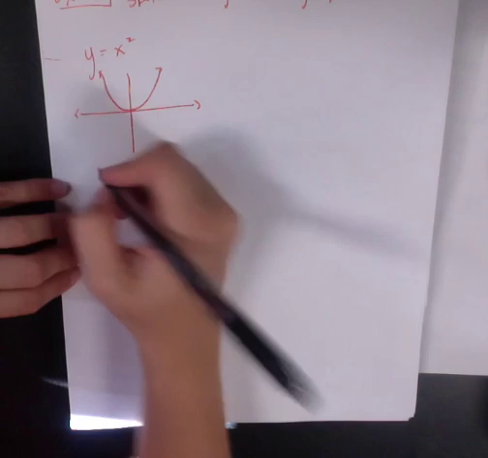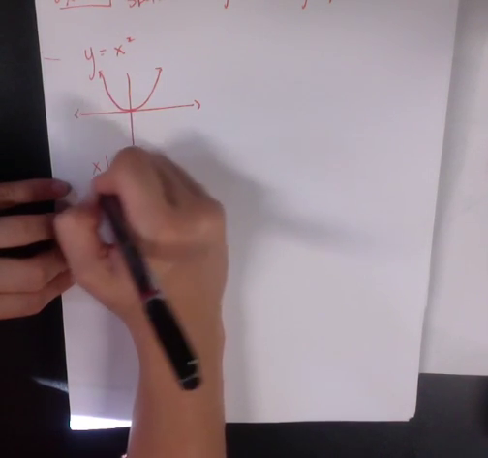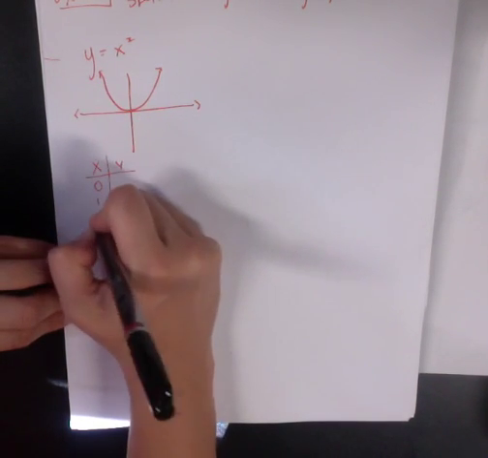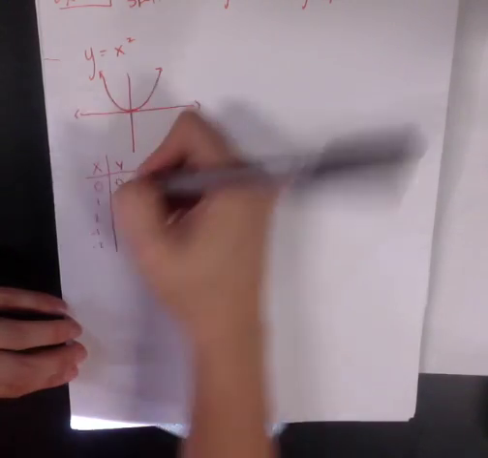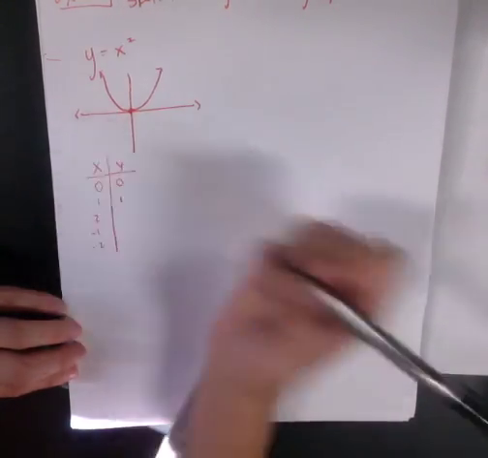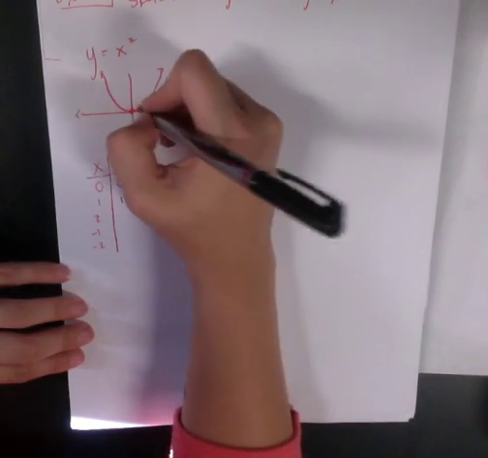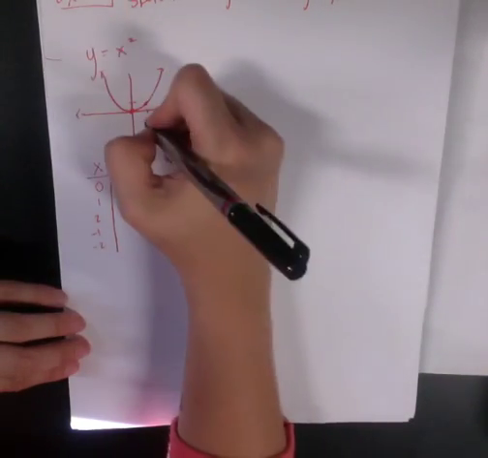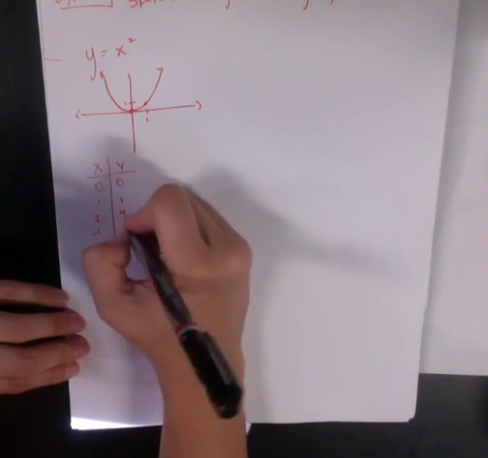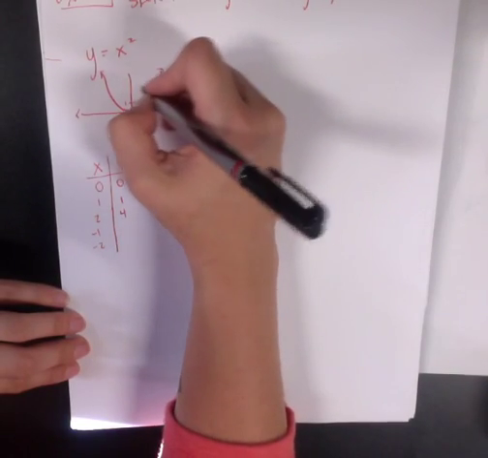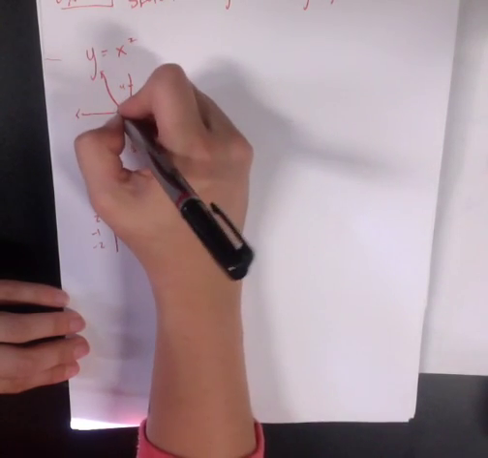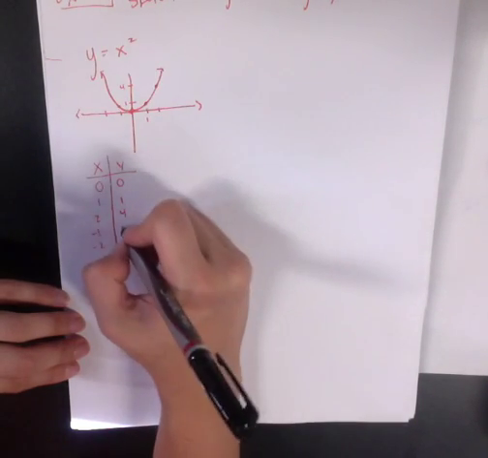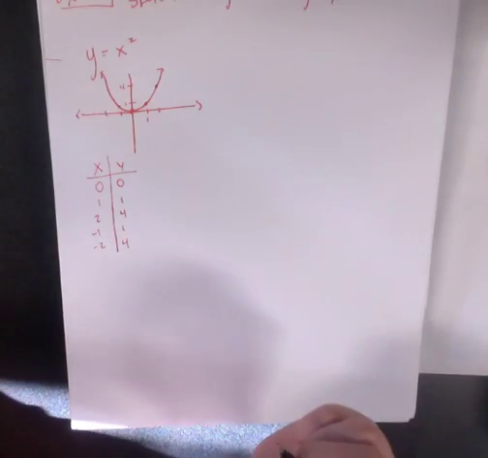But I'm going to get some specific points. x, y, 0, 1, 2, -1, -2. If I plug in 0, I get 0. If I plug in 1, I get 1. 1 squared is 1, so 1, 1. 2, I get 4. That's going to be 4. Right? And the same is true of -1, 1, and -2, 4.